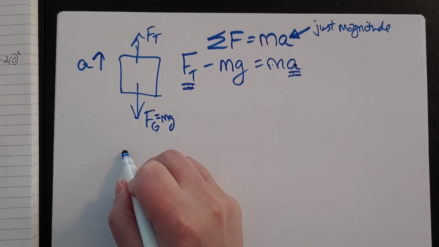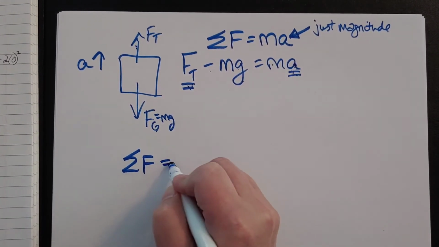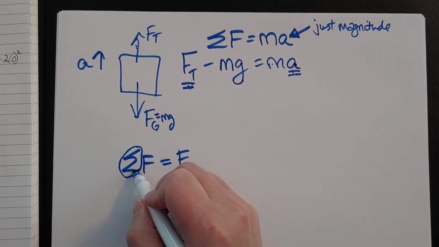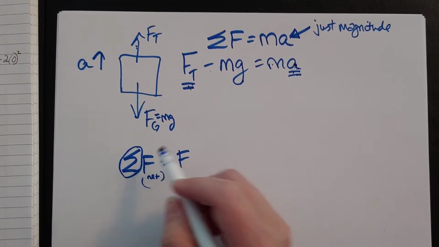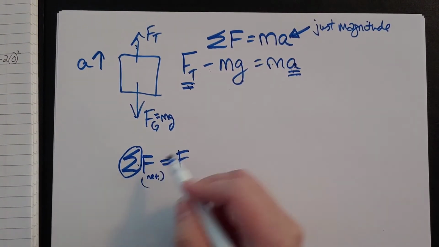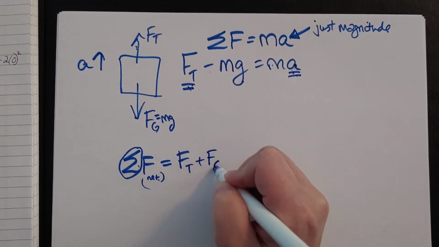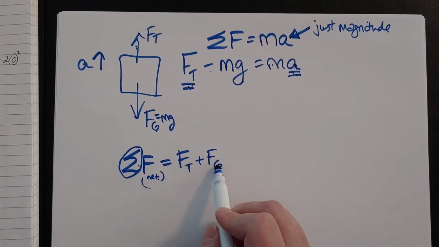On the same note, if you wrote something like this, and actually a lot of you are not even making sure you have your net, or you could also write net there. Don't just write F, it needs to be net force here. So I saw this on some people's papers. Net force is Ft plus Fg.